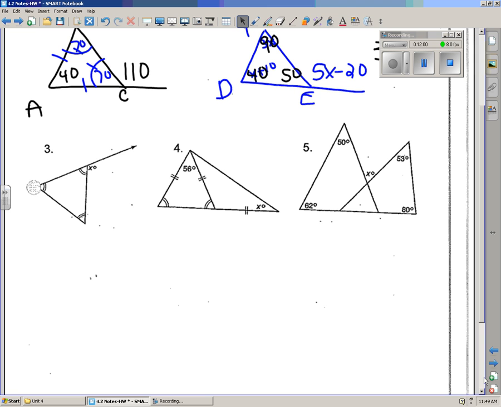Okay, let's keep going and finish up these extra problems. Number 3, it wants an exterior angle of an equiangular triangle. Well, if this is 60 on the inside, then it's going to have to be 120 degrees on the outside. On 4, you've got two different isosceles triangles.